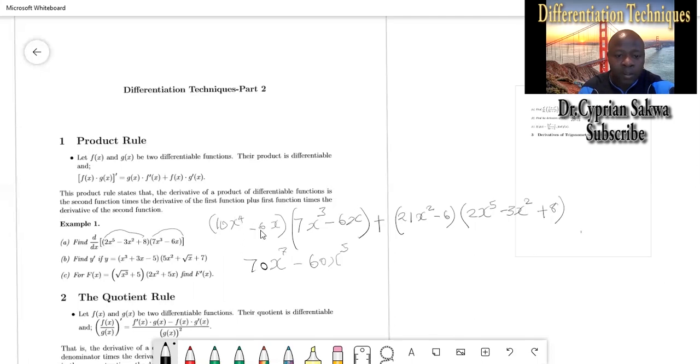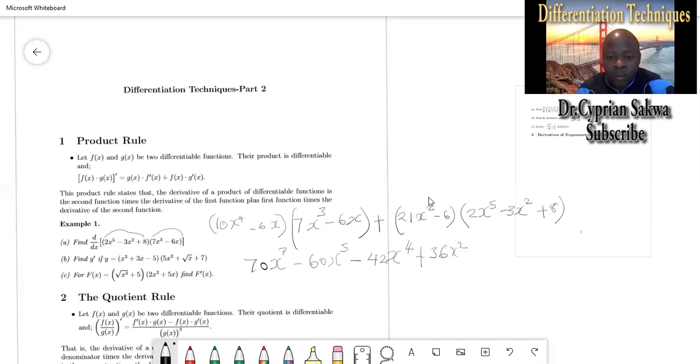Now this times that is negative 42x raised to 4. Then this times this will be positive 36x raised to 2. We are done with this, so we move to this part.